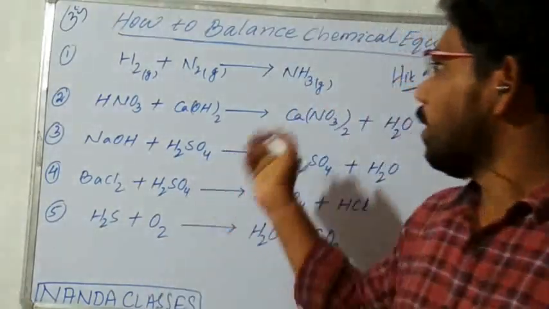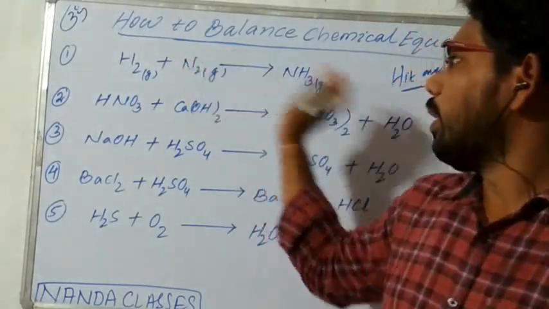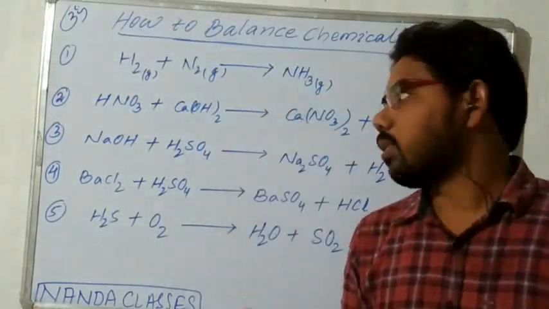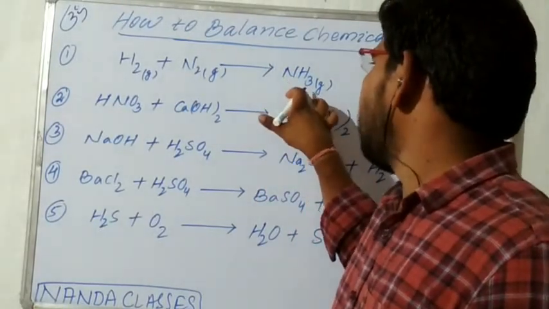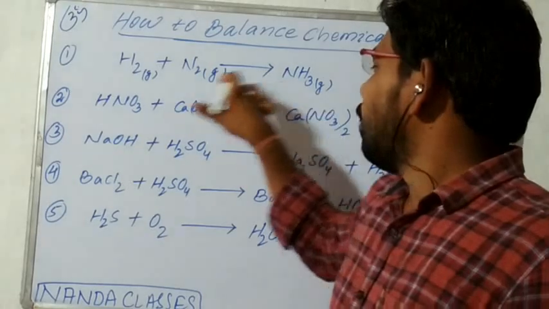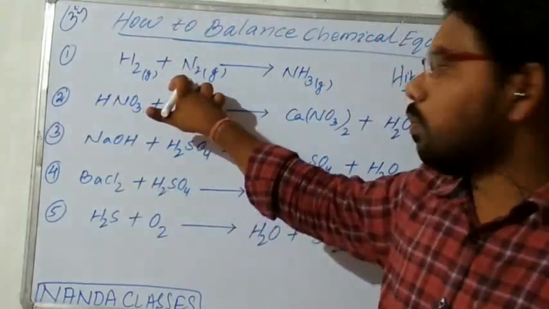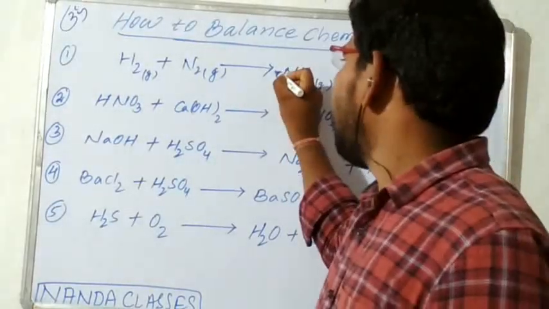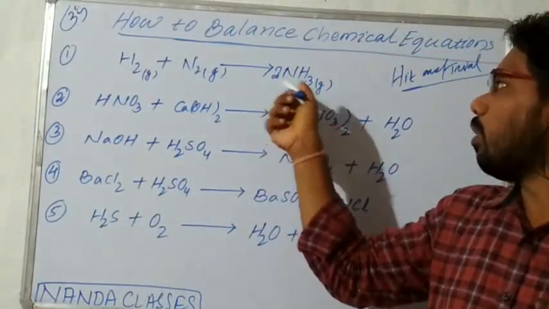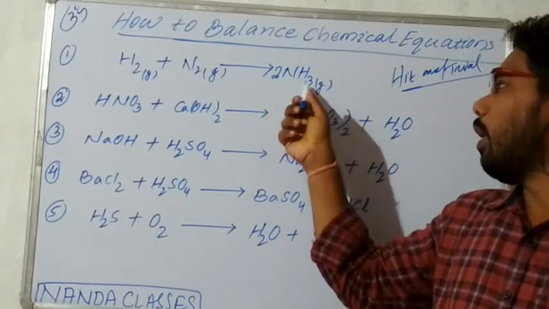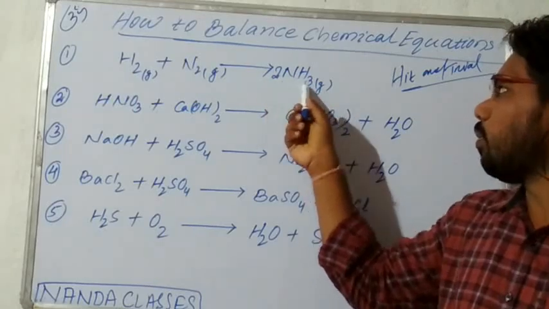Hit and trial method means the number of atoms of each individual element must be equal, then it is a balanced equation. On the product side, hydrogen is 3 and nitrogen is 1. But on the reactant side, hydrogen is 2 and nitrogen is also 2. Then we have to multiply by 2 here. Then the nitrogen atoms are 2 and the hydrogen atoms are 6, because 3 into 2 is 6. So we have to multiply by 3 here. Then this side also has 3 into 2, 6.